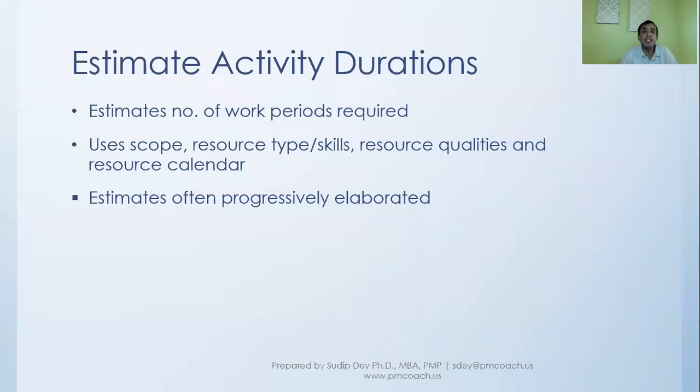So let's say next month, we are going to estimate in detail, and then after the next month, we'll go for the following month, because we probably think we'll have more details on those activities at that point in time. This is progressive elaboration.